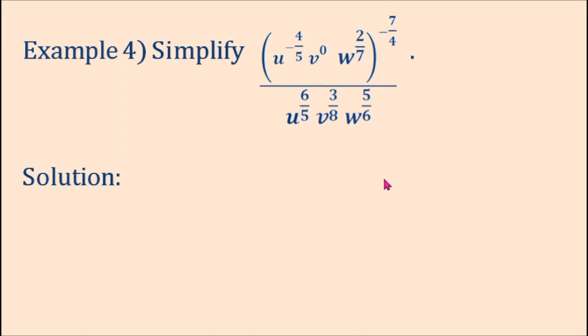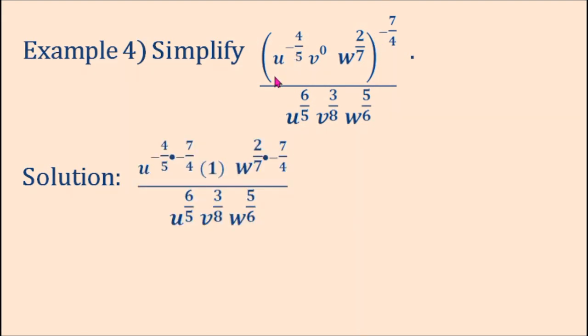So that means it becomes u to the power of negative 4 over 5 times negative 7 over 4, and then v to the power of 0 is 1, it's here. Then w to the power of 2 over 7 times negative 7 over 4. And then we will just copy down the denominator.